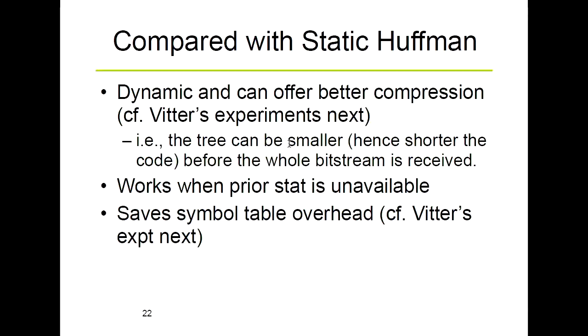Then in that case, with the overall static Huffman, you of course give C the shortest code because it's the most popular. Even though A is less popular than B and C, it's still quite popular at the beginning, so you wouldn't give it the shortest one.